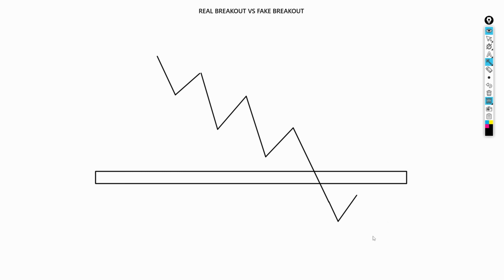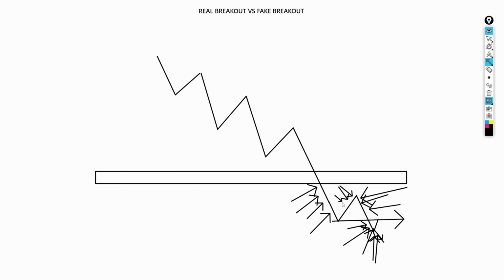Once the price broke, you will then place your trade, which means that you can only place your trade after this particular level. You can place your trade here, here, or here. You can't place your trade at this level, and not on this level, and not on this level.